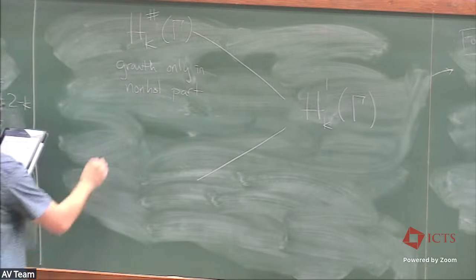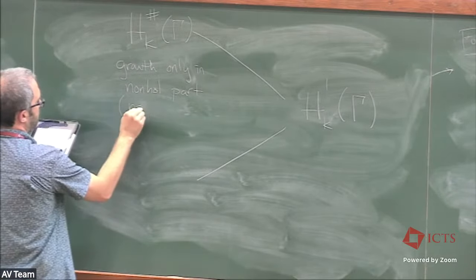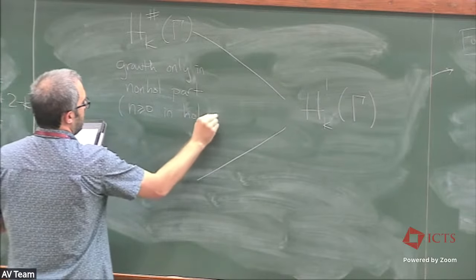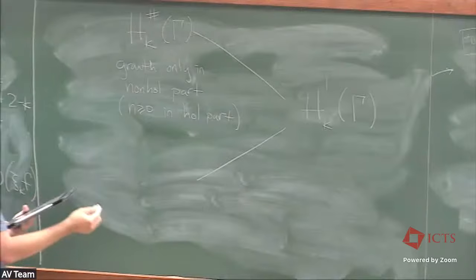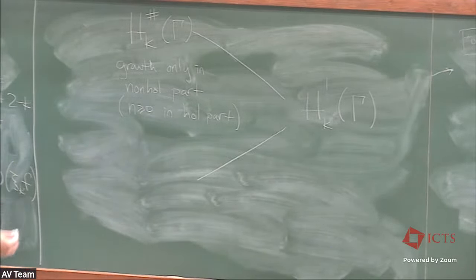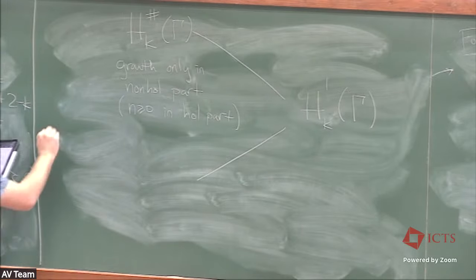In other words, n has to be greater than or equal to 0 in the holomorphic part, so there are no negative n's allowed in the summation in the holomorphic part. Okay?